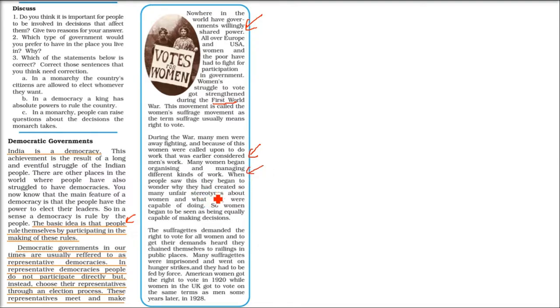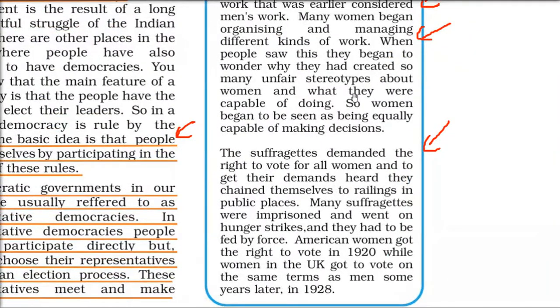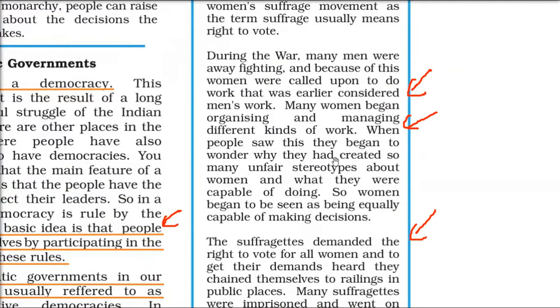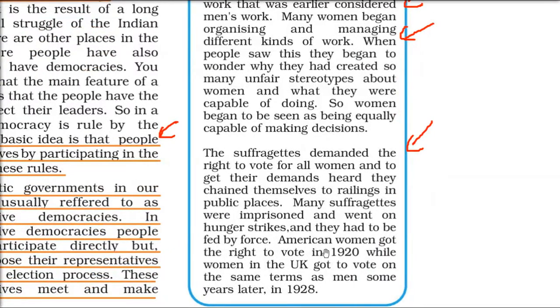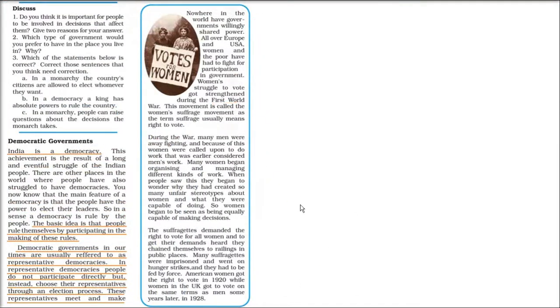So these women, along with those people who understood this, fought for voting. This voting right should be given to women also. And finally, they got success after a lot of people died, a lot of women died, they were sent to jail. They actually worked hard to get this voting right. So American women got the right to vote in 1920, while in the UK, it was 1928.